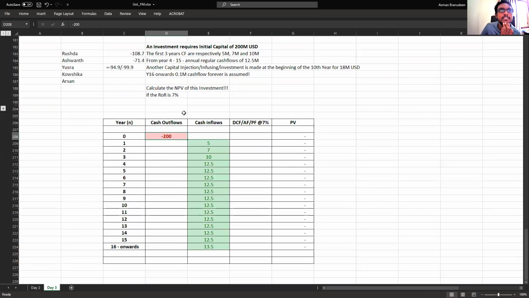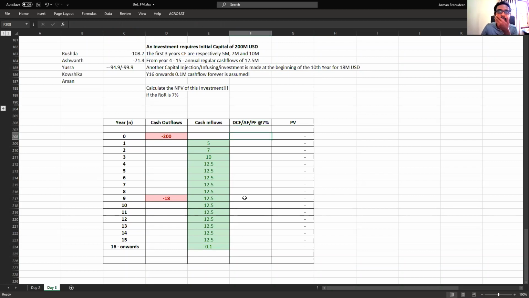So 200 cash outflow. I'm injecting 200. There's another injection at the beginning of the 10th year, which is synonymous with the end of the 9th year. So there's another 18 here. These are the capital investments I'm making. The returns I'm making are year 5, year 7, year 10, 12.5 continuously. And here 0.1 million, right?